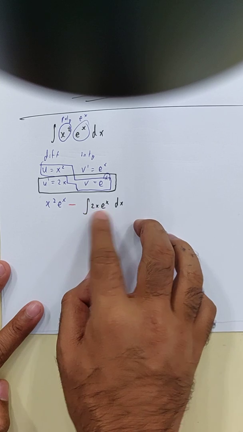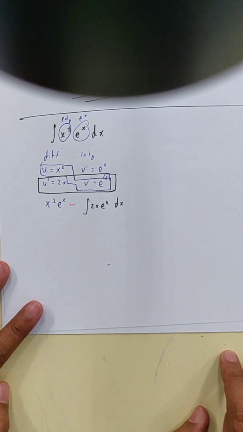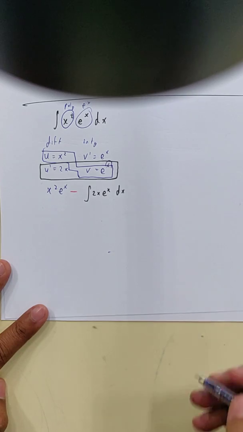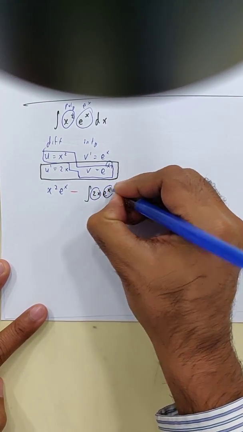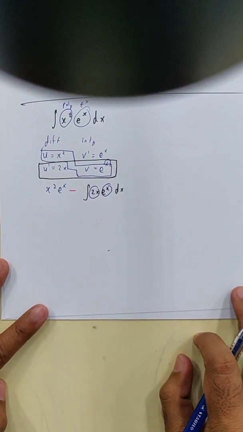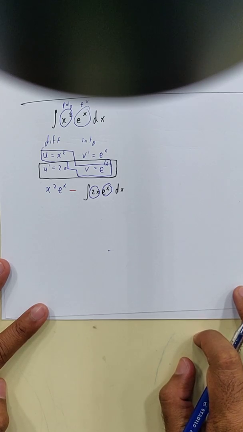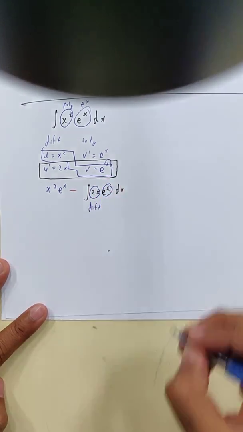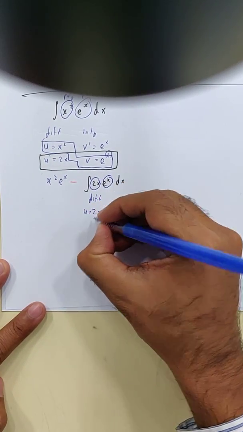Okay, so how do we integrate this part here? By parts again. Why? Two different types. What are the different types? This is actually quite a normal question for exams. We are differentiating what? 2x.